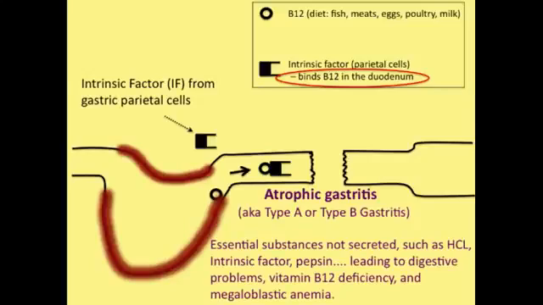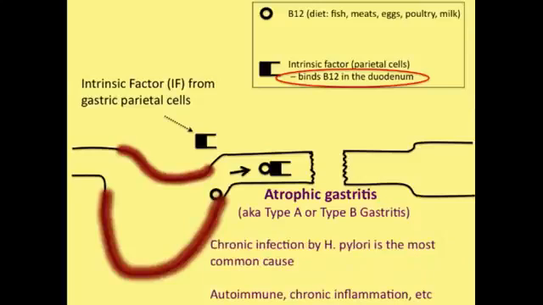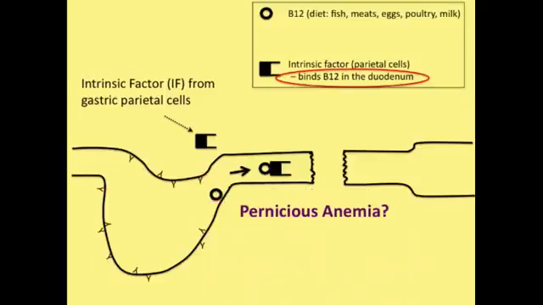So this, again, is going to lead to digestive problems, vitamin B12 deficiency, and megaloblastic anemia. And another take-home point from this discussion is the most common cause of atrophic gastritis is due to H. pylori infection. Secondary to that is going to be autoimmune and other things that cause chronic inflammation.